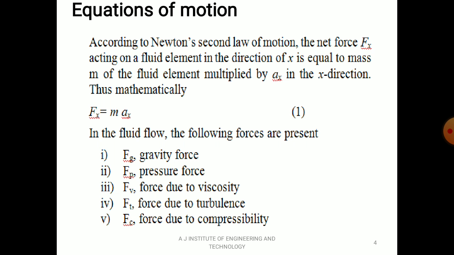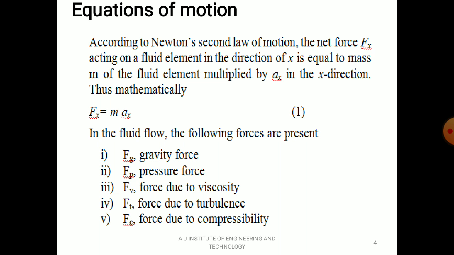In fluid flow, we may have the following forces. First force is gravity force, that is Fg, which may be due to the weight of the fluid element. Second one, pressure force. Pressure is given by P equal to F by A, so we can get force by multiplying pressure by area, P into A. So pressure force is Fp.